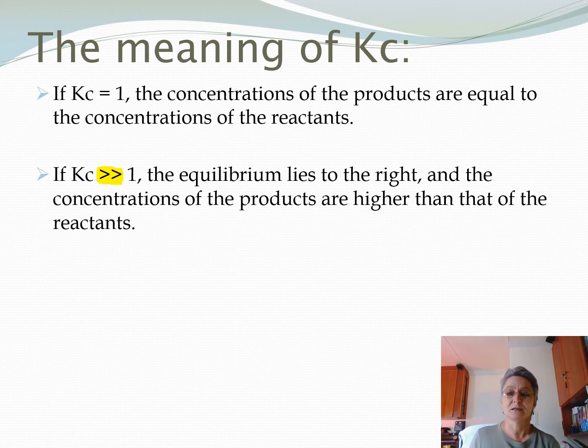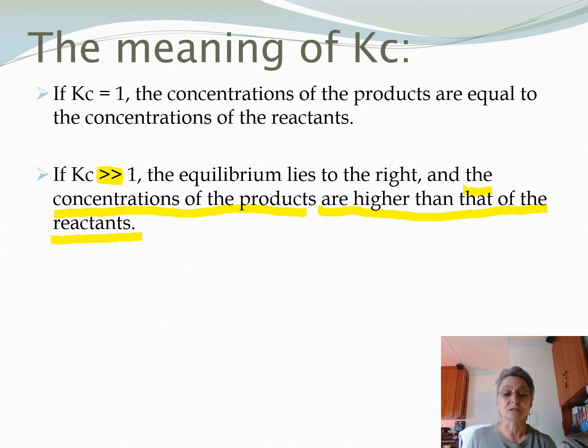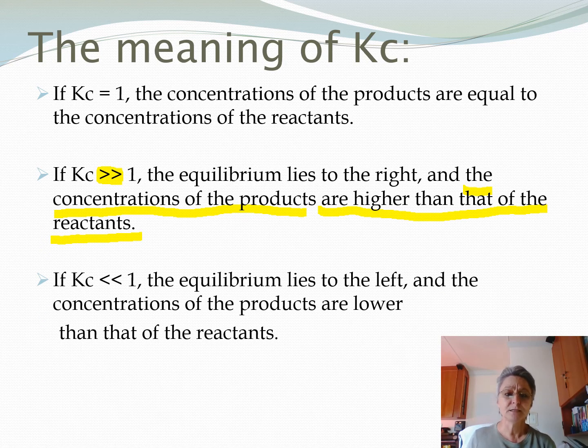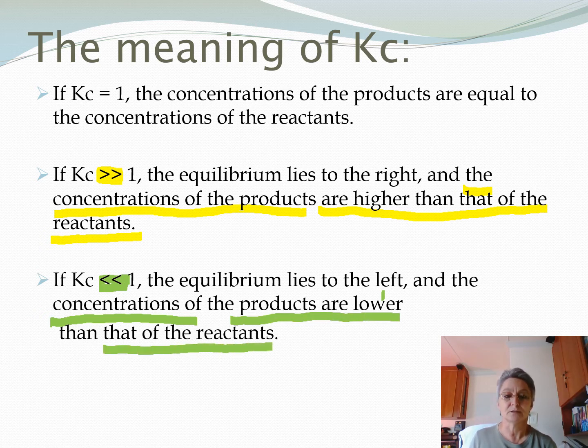It means that the concentrations of the products are higher than that of the reactants. So your numerator is much bigger than your denominator. If Kc is much smaller than 1, the equilibrium lies to the left. What does that mean? The concentrations of the products are lower than that of the reactants.